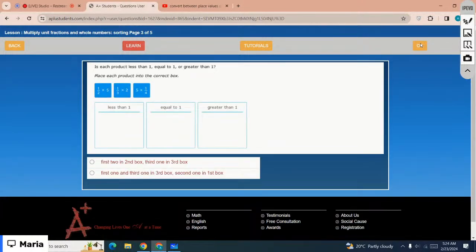Okay, is each product less than 1, equal to 1, or greater than 1? Which is the correct option?